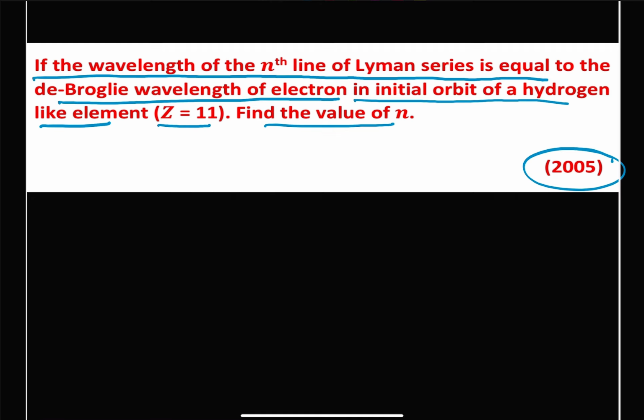So we can say that for Lyman series, electron drops to n equal to 1 from a higher orbit.